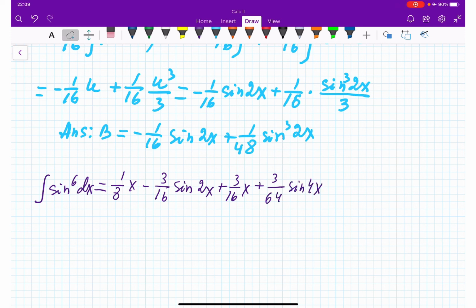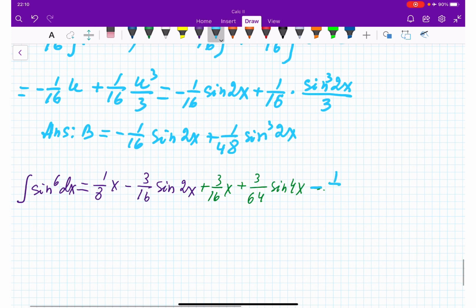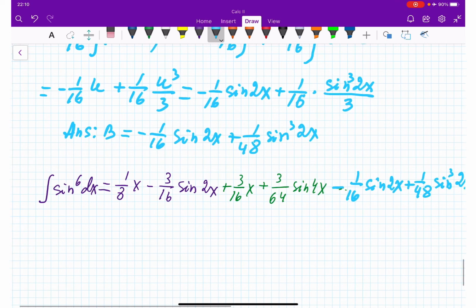Let me paint it in green color so you would know this is our A part. And now I'm moving to our B part, which is going to be minus 1 over 16 sine 2x plus 1 over 48 sine cubed 2x.